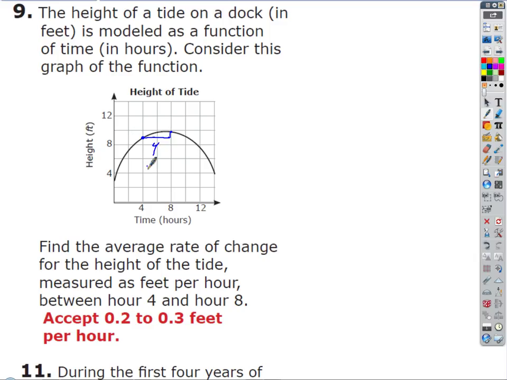Well, you have to make an estimate here, and you got to read the side of this pretty carefully. It's going by twos, isn't it? Right? So this one looks like it's just a little bit less, that 9 would be halfway between. This is just a little bit less than that. So I'm going to say, you might say something different, but I'm going to say it's about 8.9.